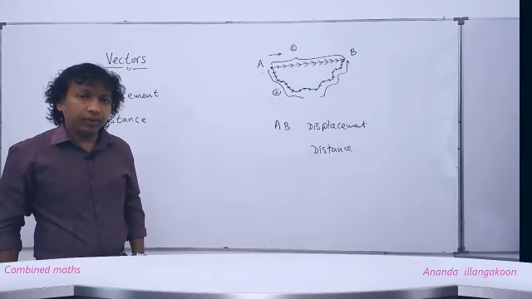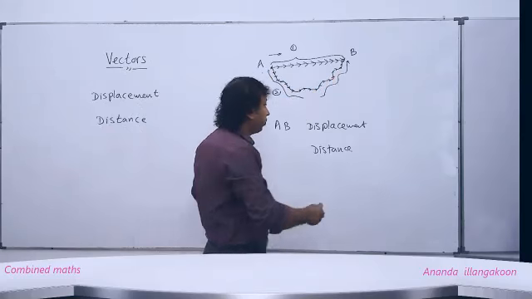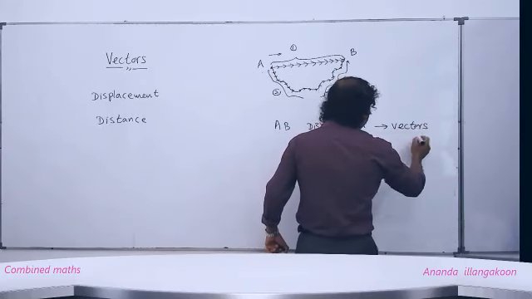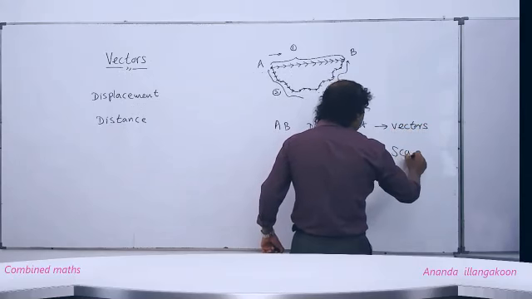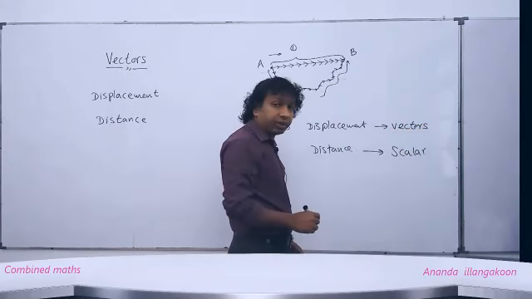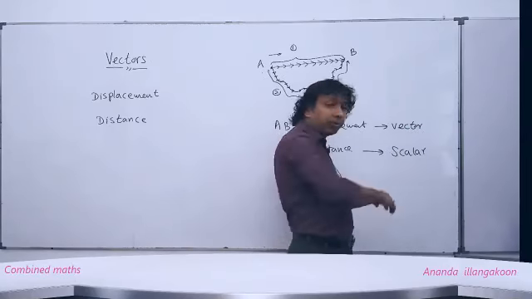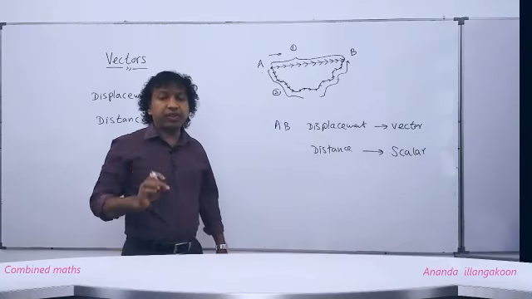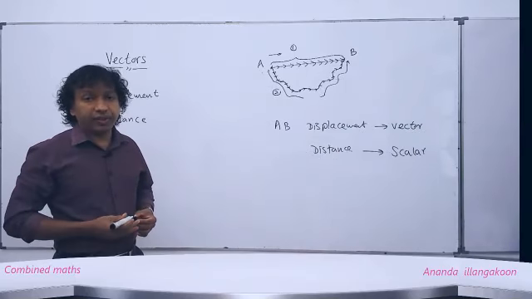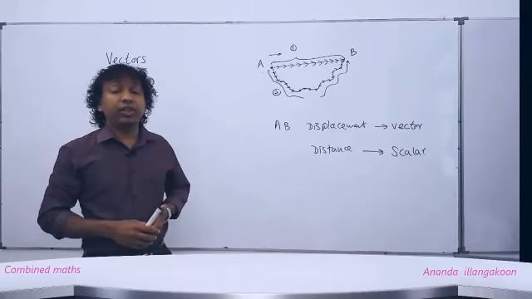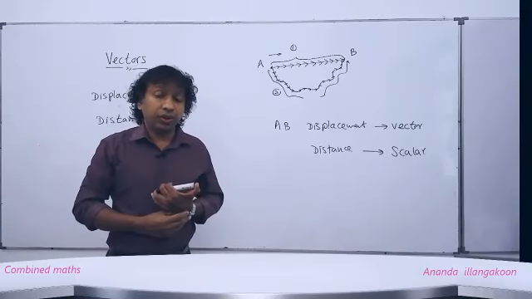Then this displacement is called a vector, and this is called a scalar. Vector means, people, it has a definite direction, and a scalar has no definite direction; simply, we define it as having no direction.